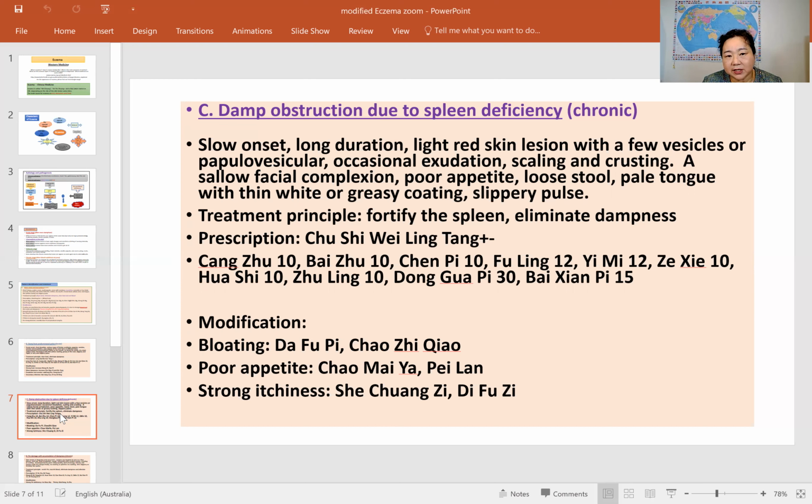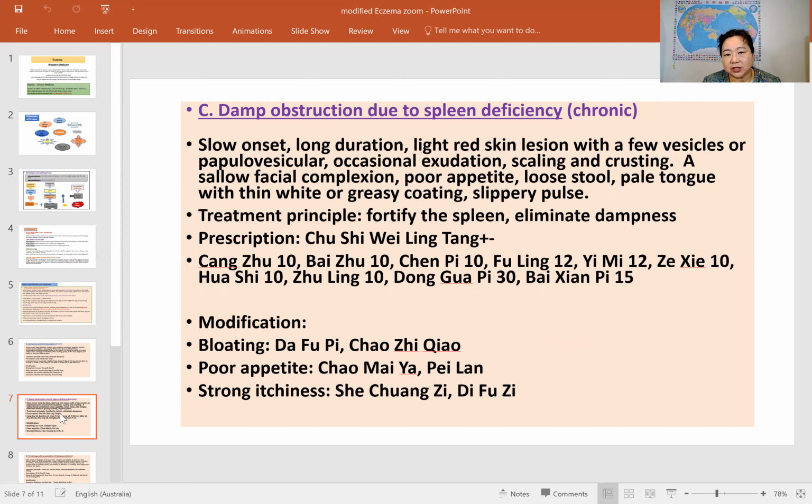The modification here, if there's bloating, we add 大腐皮, 潮指壳. If there's poor appetite, we can add 炒麦芽佩兰.